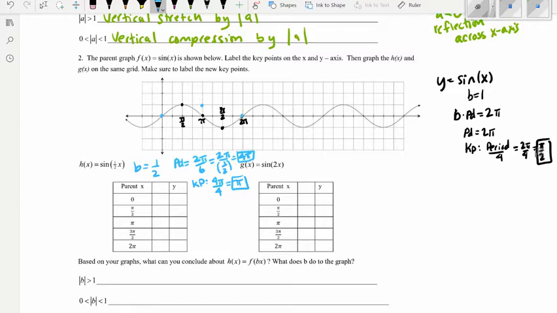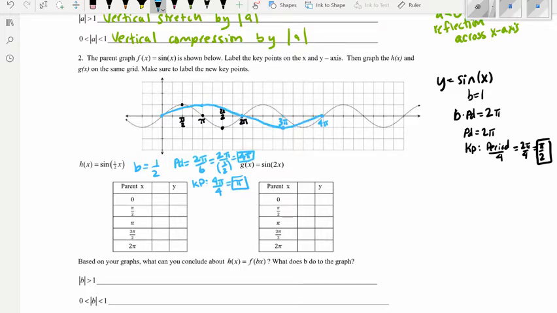And then 3 pi. So the next key point would be here. So this is 3 pi, which would be at -1, and then 4 pi.